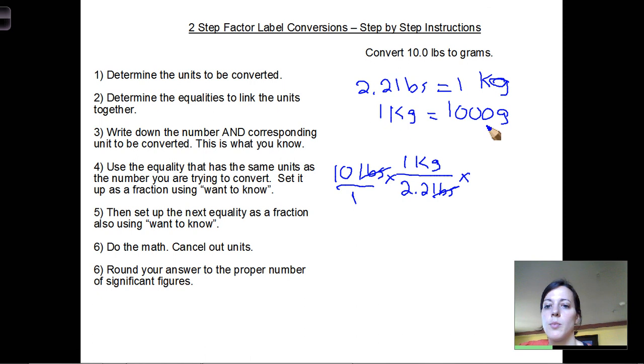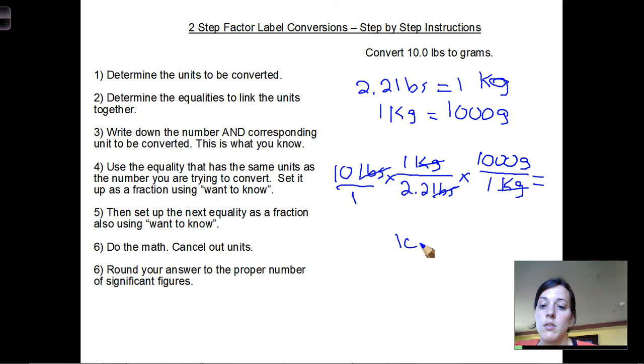So we can set up another fraction with the last equality, the one that we have not used yet. We know kilograms, we want grams. So grams are going to go on the top, and the kilograms are going to go on the bottom. Top, bottom, cancels out. Now we're in units of grams. So now we can do the math and just see how many grams there are in 10 pounds. So multiplying fractions, 10 times 1 times 1,000.